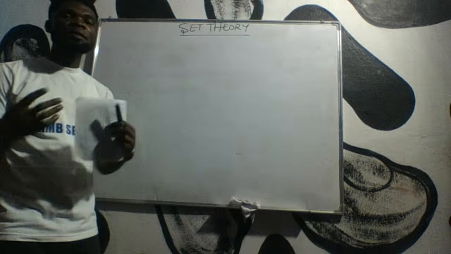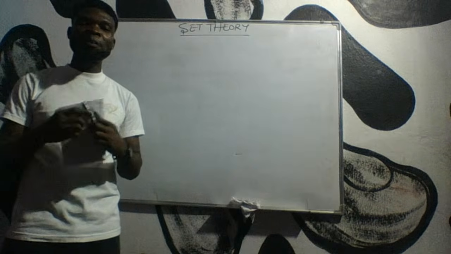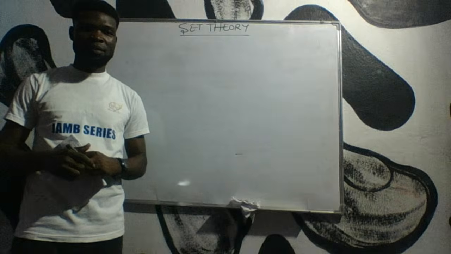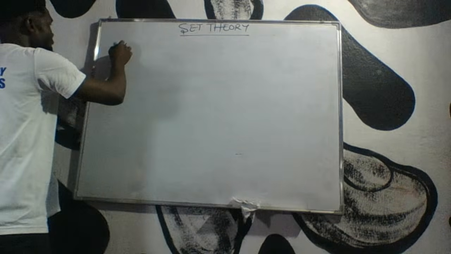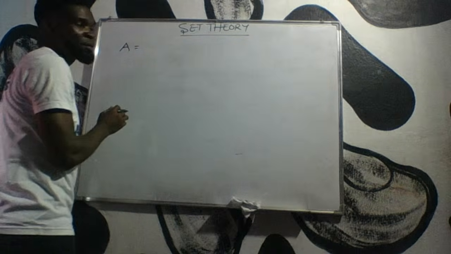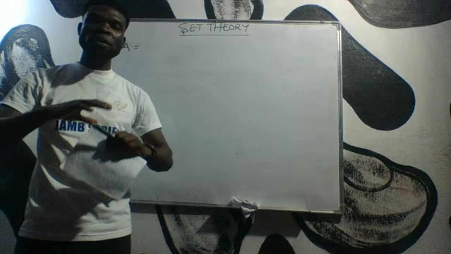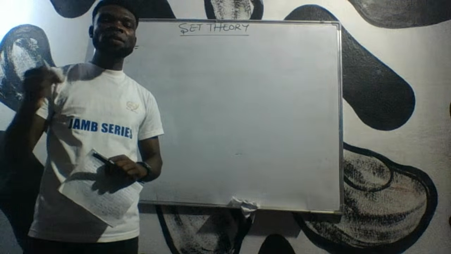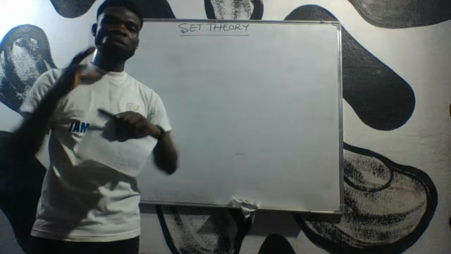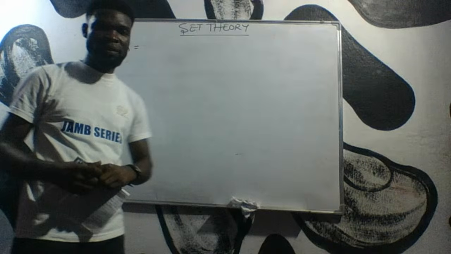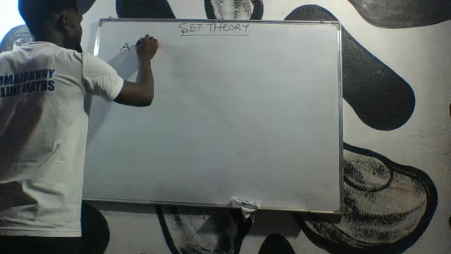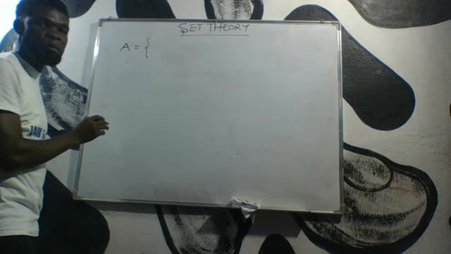So we say that sets are denoted by capital letters. For instance, this is a set A, which is denoted by a capital letter. The elements of a set are always in small letters, separated by commas, enclosed with a curly bracket. So for instance, this is a set with a capital letter. This is a curly bracket.